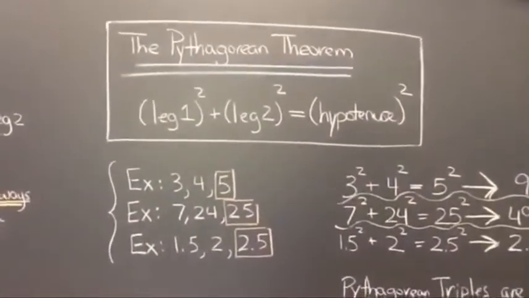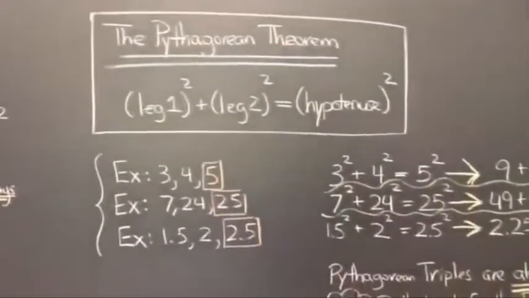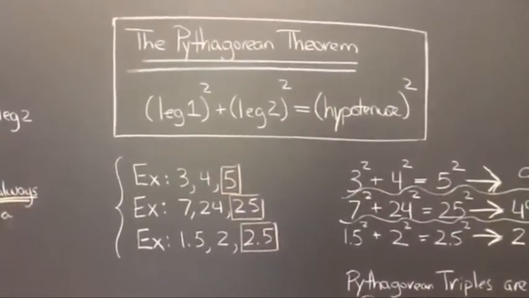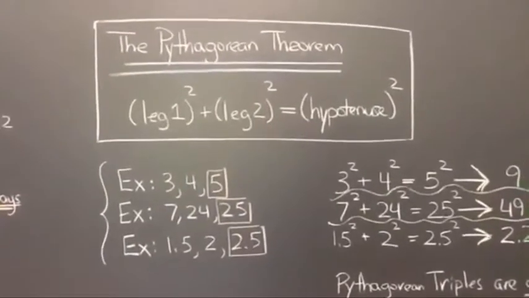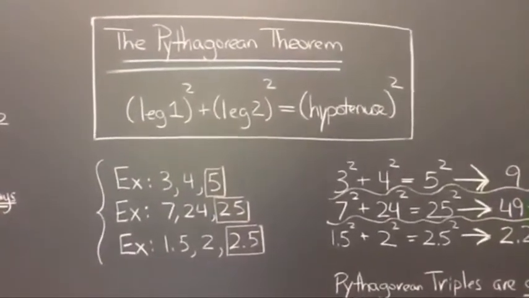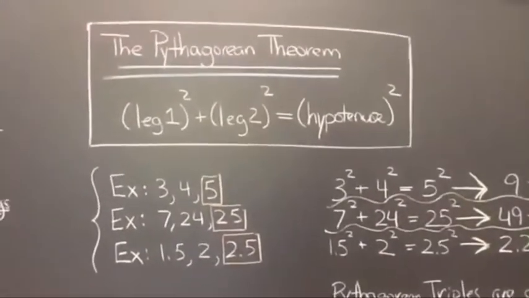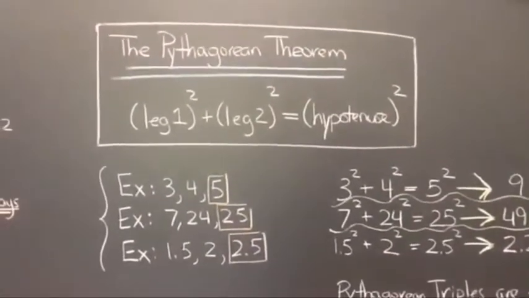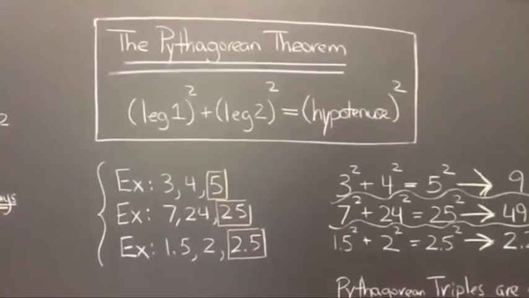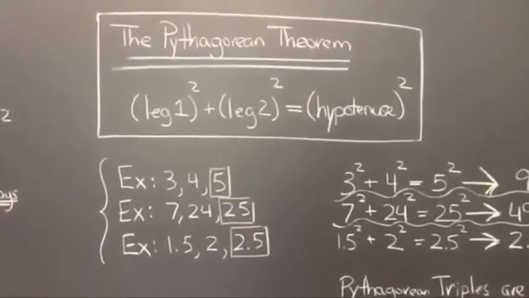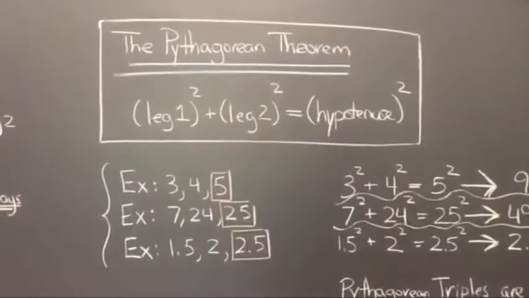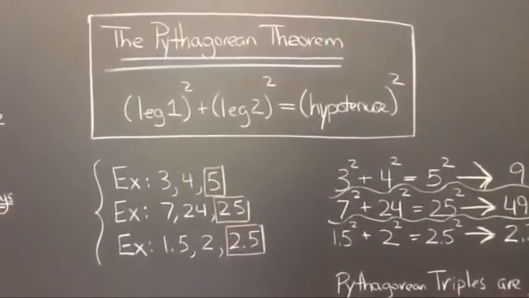Not using A, B, and C, but using what we have from the previous picture. Leg 1 squared plus leg 2 squared equals the square of the hypotenuse. That's the Pythagorean Theorem. In other words, if I square both legs and add those numbers, then the result will be the square of the hypotenuse.